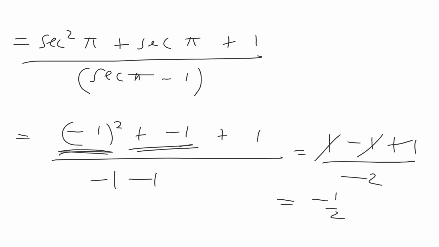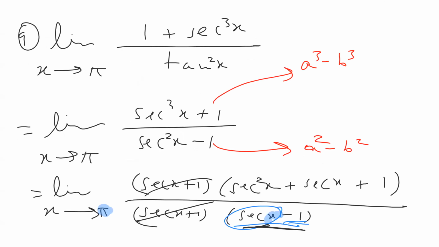Fine. So let us go to the previous slide. See, I have applied a cube plus b cube. Acha, I think I have made one small error over here. It is a plus b times a square minus ab plus b square. So I have not put a minus sign over here. So I just make that change.